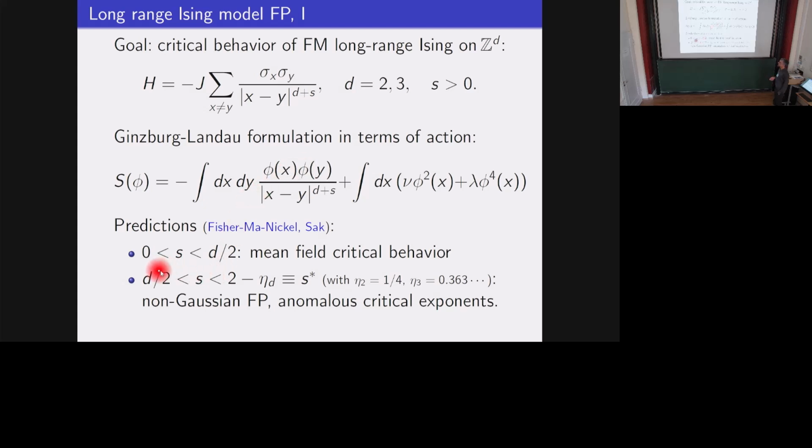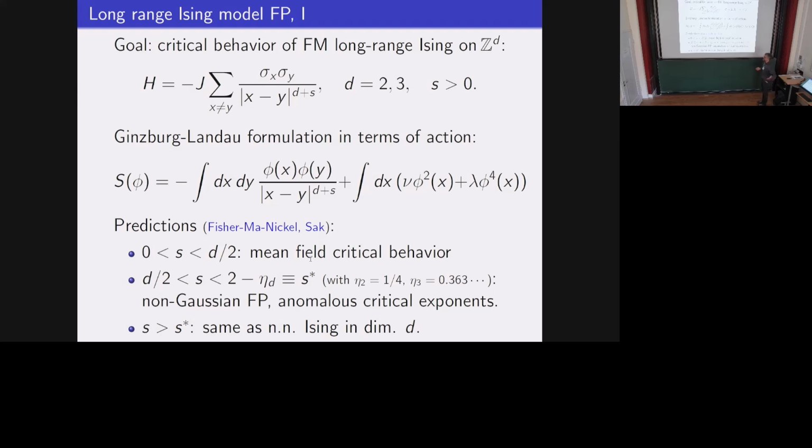When S is larger than d over 2 and not too large, then it's believed that the critical behavior is described by a non-Gaussian fixed point with critical exponents that are in general different from those of the reference Gaussian theory. They vary continuously with S, and if S is even larger, then one expects that the critical behavior is the same as nearest neighbor Ising in dimension d. In particular, the critical exponents are independent of S. This is the prediction of Fisher, Ma, Nickel, and of Sak in the early 70s.